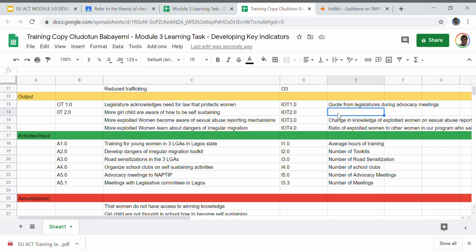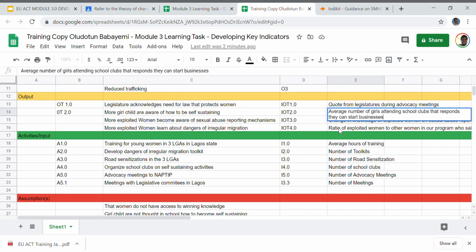So more girl child are aware. So you could say average number of girls attending school clubs that respond they can now start businesses.